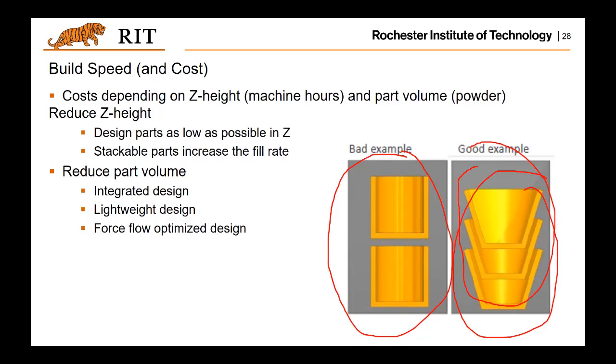And that will reduce the Z height when you build it. Another thing is the part volumes, right? If you could integrate multiple parts into one design, or use some thin frame structure or lattice structure to reduce the material consumption, that will definitely help to reduce the part volumes.